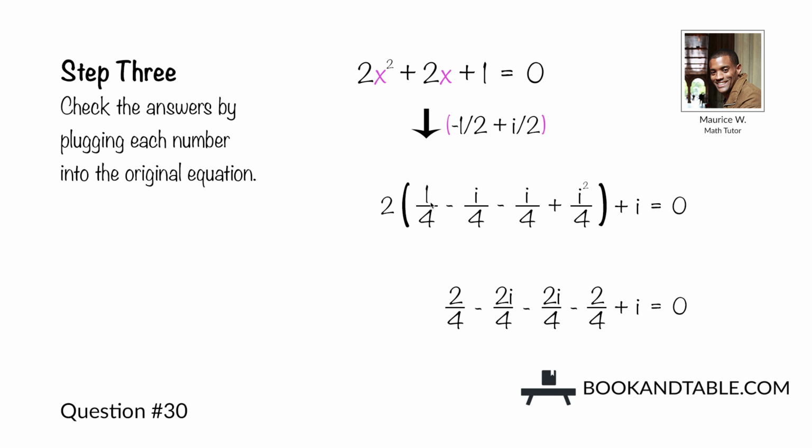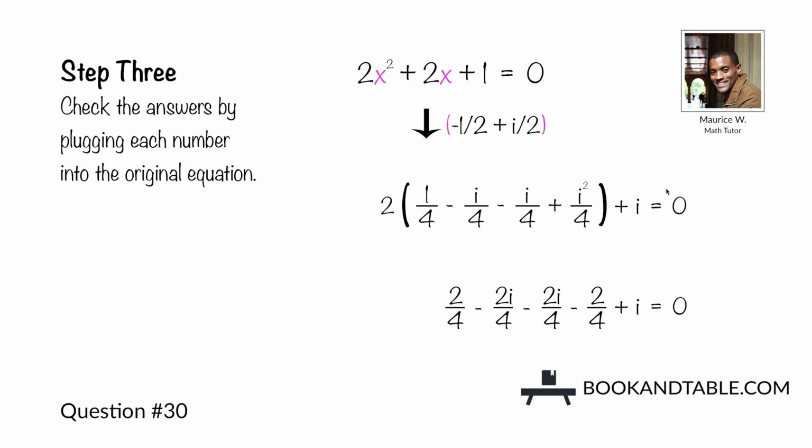2 times 1 is 2 over 4. 2 times negative i is negative 2i over 4. 2 times negative 1 is negative 2 over 4.